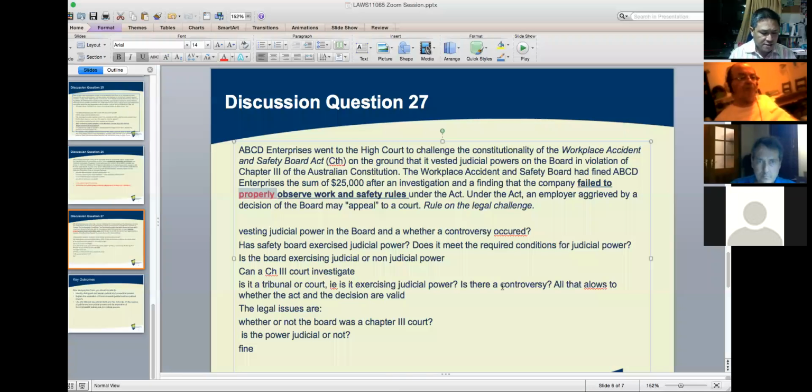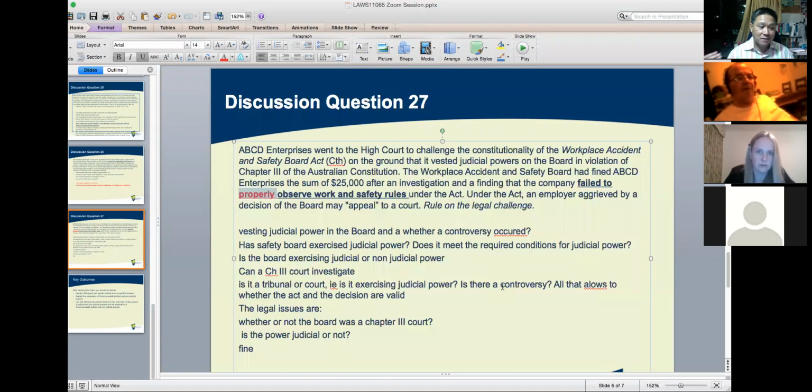Anything else? How about the fact that it imposes a fine? Isn't the imposition of a fine a hallmark of a Chapter 3 court? Not necessarily. It is in fact a hallmark of an executive function.